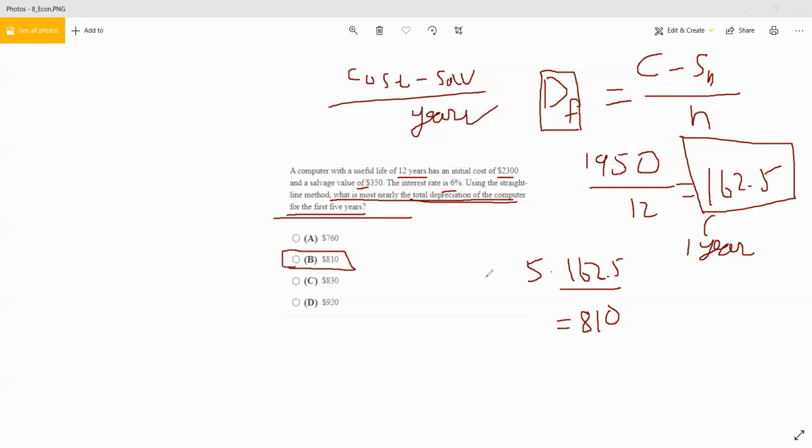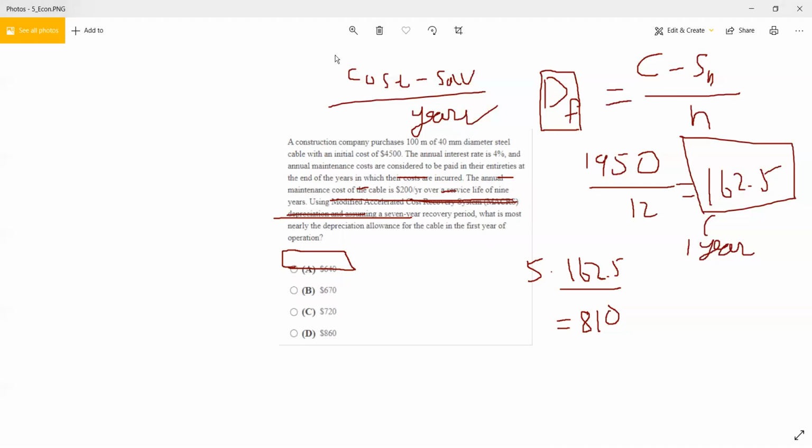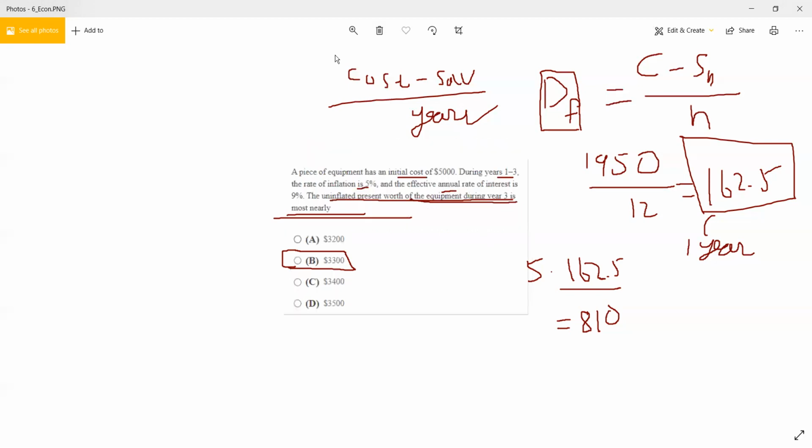So we do nothing with the interest rate. Interest rate is not needed. Did we use the interest rate for the MACRS problem? No, we got the interest rate from the table. Yeah, because we did the recovery. We got that percentage from the table.